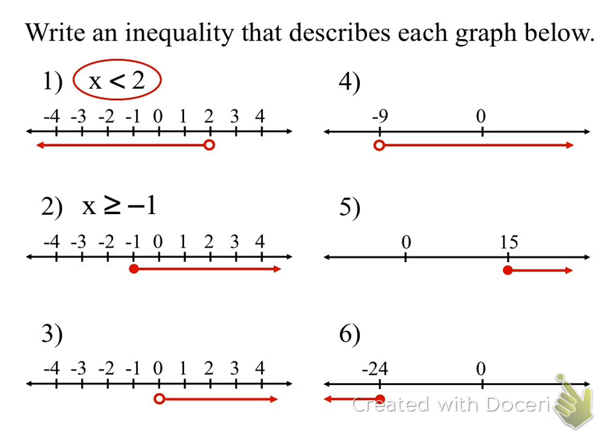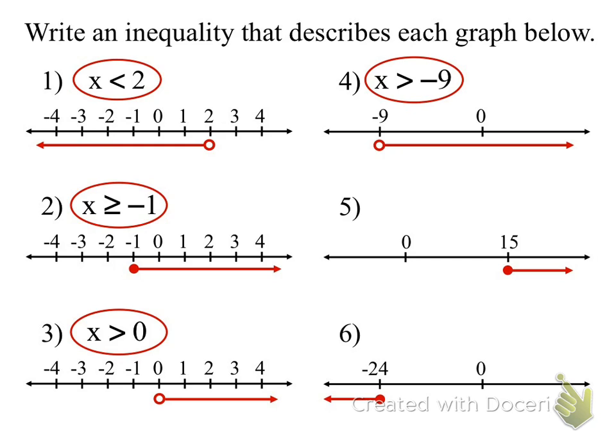Is it going in the less than direction, the arrow? No, greater than 0. X is greater than 0. Good. Okay, why don't you try the next one, Tati? X is greater than -9. Perfect.